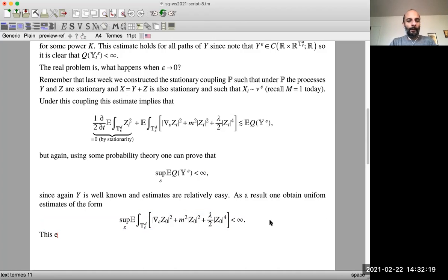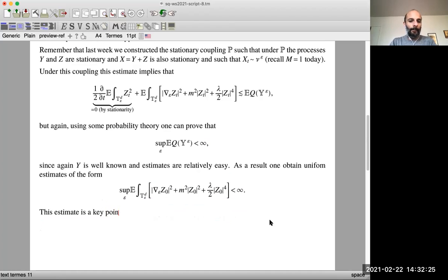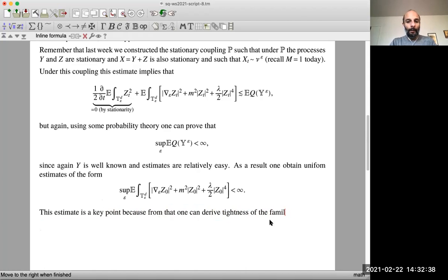So this estimate is a key point, because from that one can derive tightness of the family nu epsilon, okay? Why can I derive it? So that's what I wanted, okay? I want the tightness of this family of measures, okay?